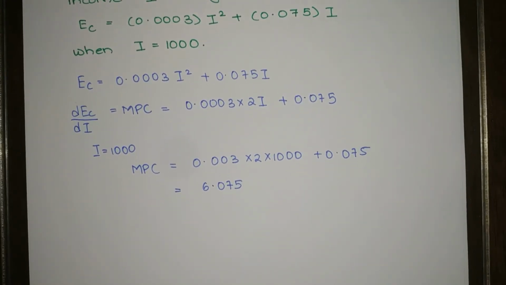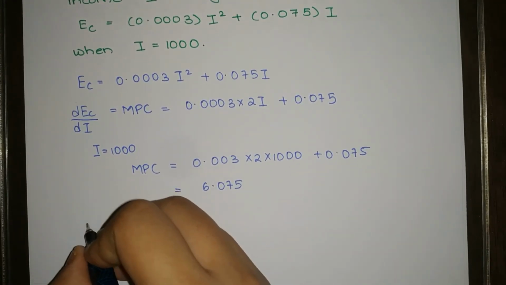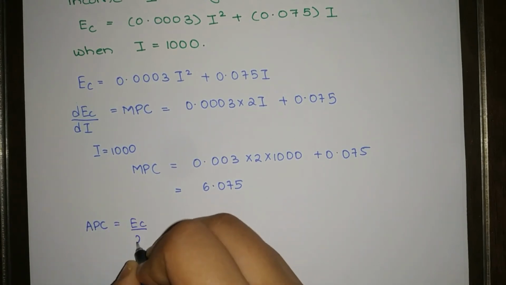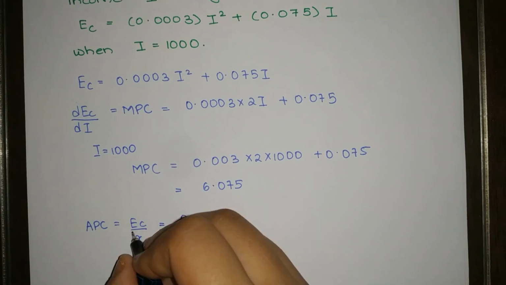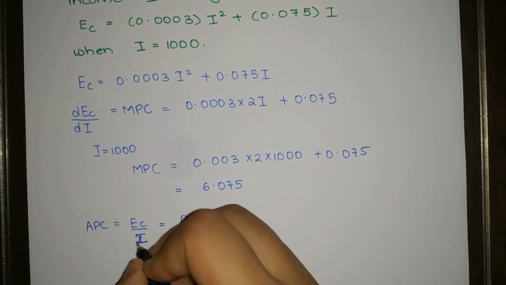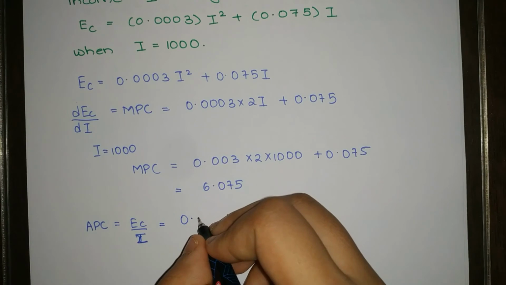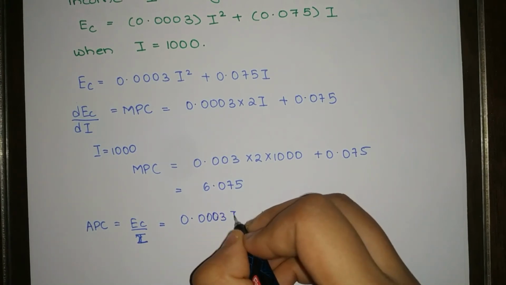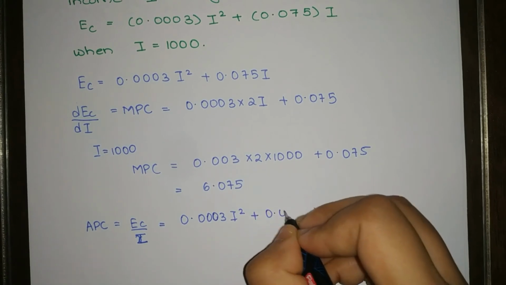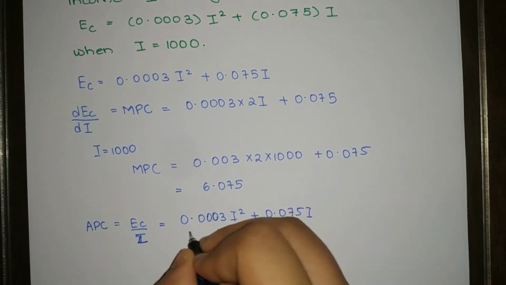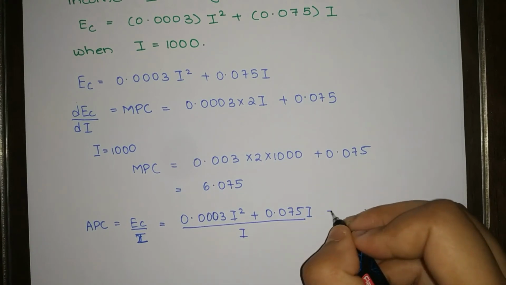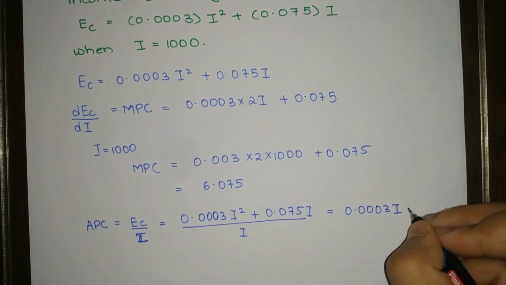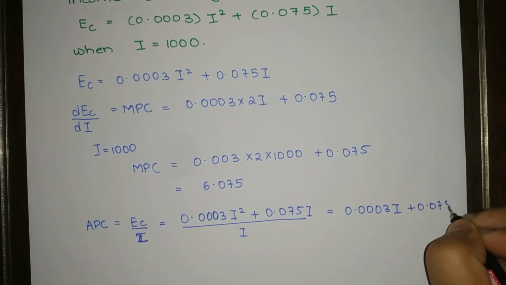Okay, now next we have to also find APC. So APC will be EC divided by X. So APC is equal to EC divided by X, which is equal to EC divided by I, not X, because I is the income, right? So it will be 0.0003 I square plus 0.075 I divided by I. This is equal to 0.0003 I plus 0.075.